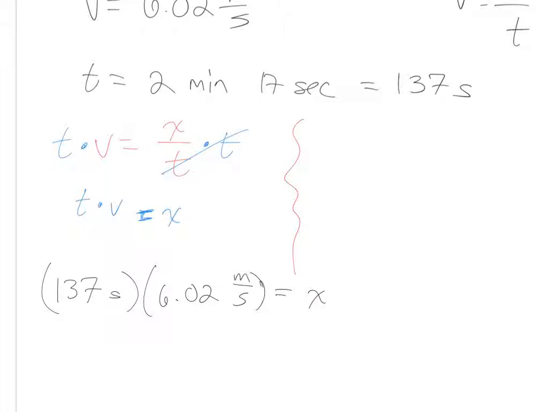Seconds cancel out. If that's not obvious to you, you need to go back, look at dimensional analysis again, and see what we did there. Seconds up top, seconds down below. It's like x over x. The x's would cancel, right, as a variable. Seconds can be thought of as a variable in this case. They cancel, leaving behind meters.